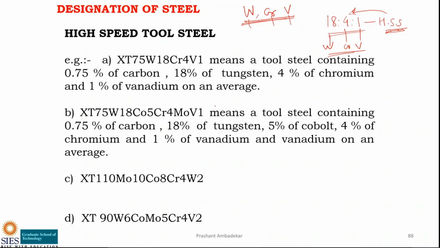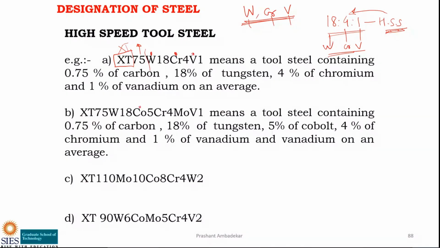Here, similar to what we have seen earlier, forget about this XT. This is just a prefix. Even if it is not there, we can identify. See, 75 is there, the percentage of carbon, a high percentage of carbon. Then what are the alloying elements? Tungsten, chromium, vanadium.